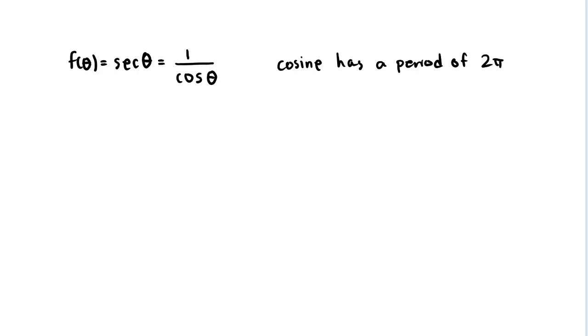Secant of theta is 1 over cosine of theta, and so it's going to repeat its values when cosine of theta repeats its values. So every 2 pi. So secant of theta has a period of 2 pi also. Like tangent of theta, secant of theta also consists of having cosine of theta in the denominator.